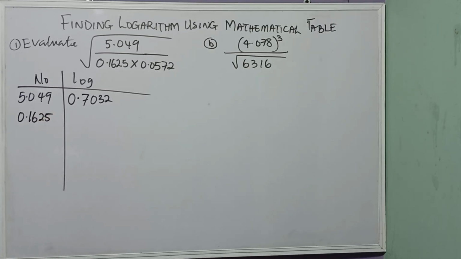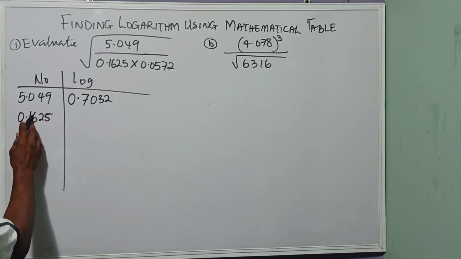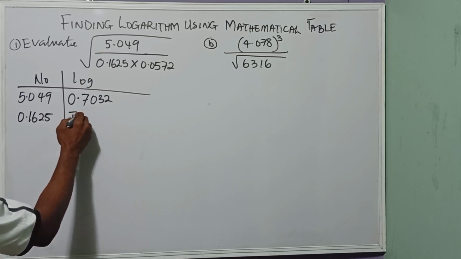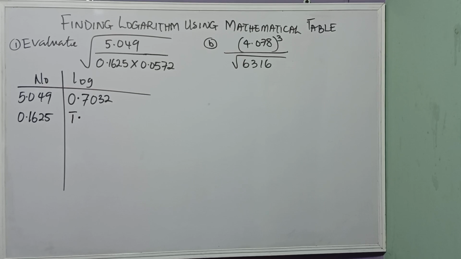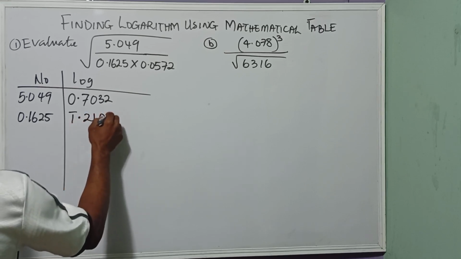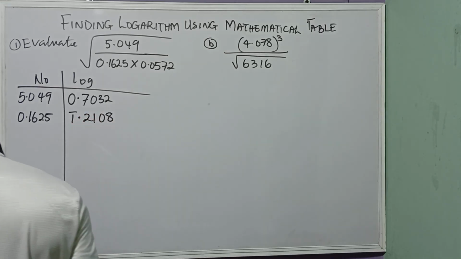Now, for our next number, which is 0.1625, putting it in standard form means we'll move the point one place backward. So that will be bar 1. 16 under 2, difference of 5 will give us 2108. Okay?